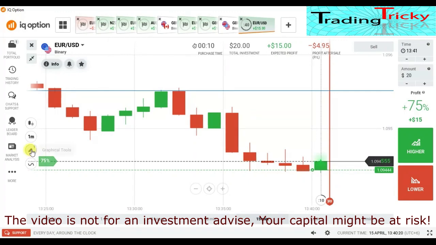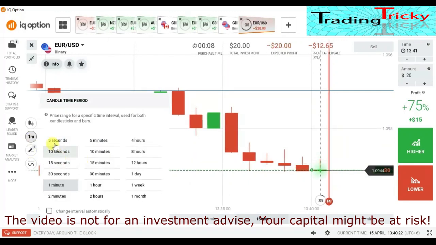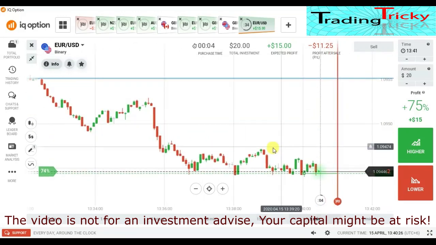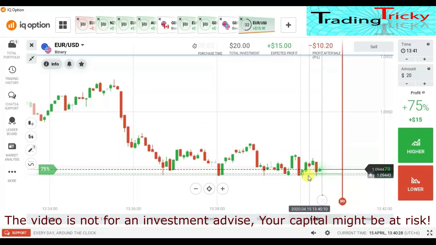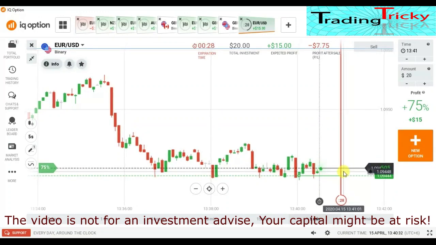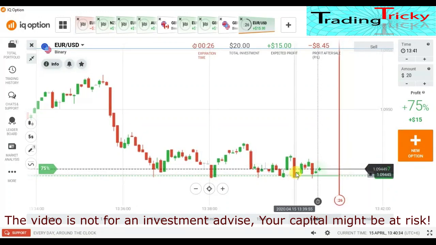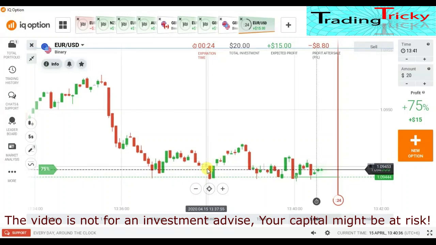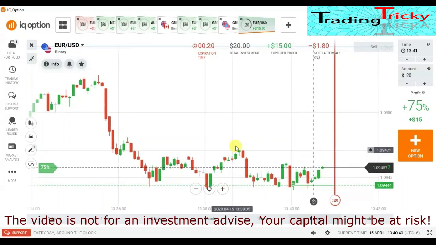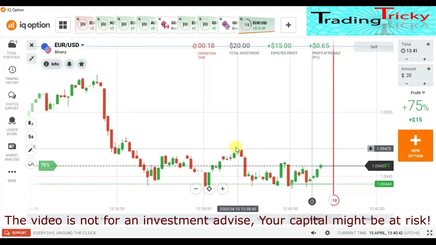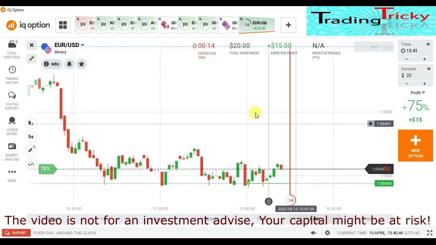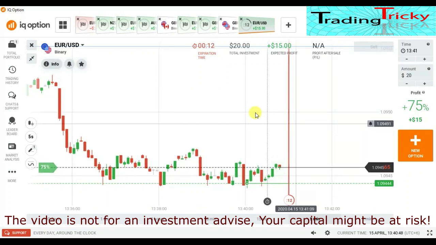If you check the 5 seconds candlestick, you can see some buyers' entry, and this is a sellers' entry candle, but this is a single candle. See here also you can see a single candle, but next time it closed above. So I am expecting that the market will give me a winning trade.